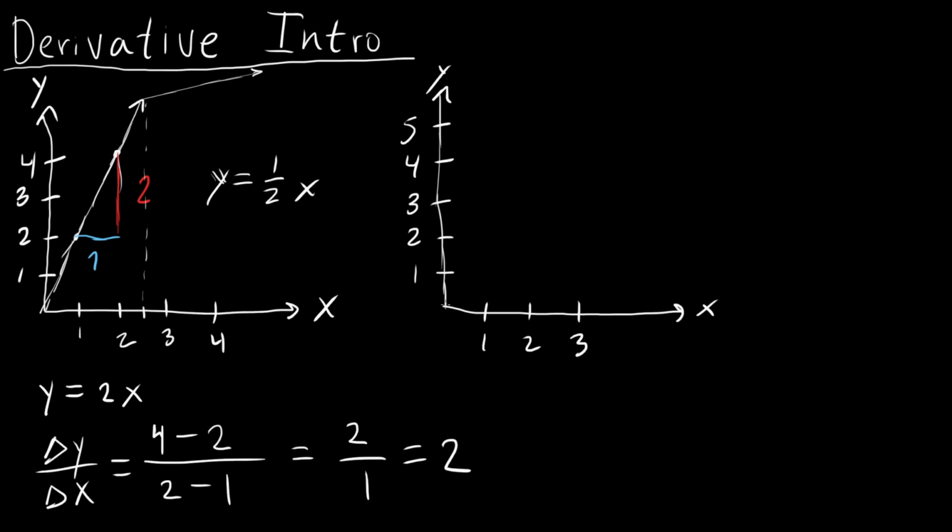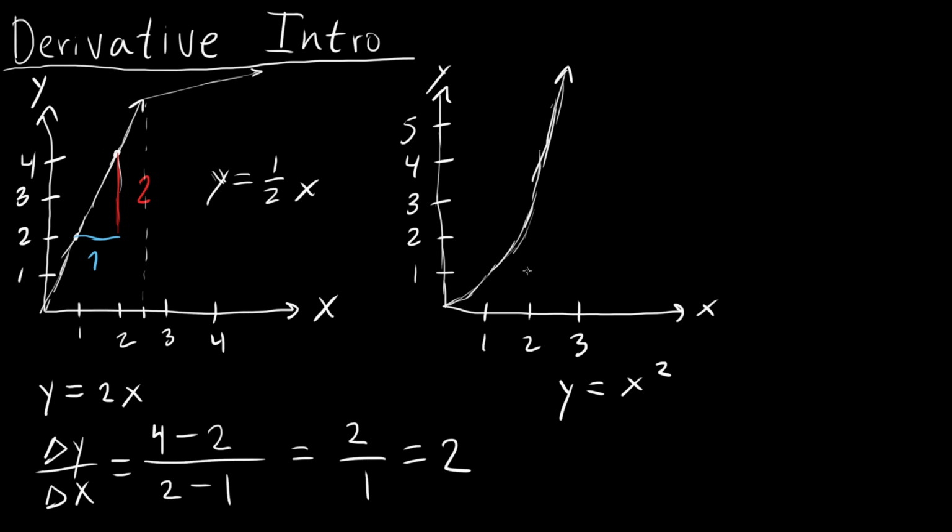It's the quadratic function, so y is equal to x squared. With this quadratic function, we'll just plot the points. 1 squared is just 1, and then 2 squared is 4. It goes up like this, and then it'll just keep going up. So yeah, it curves, right? If you look at the graph, it's not a linear graph anymore.